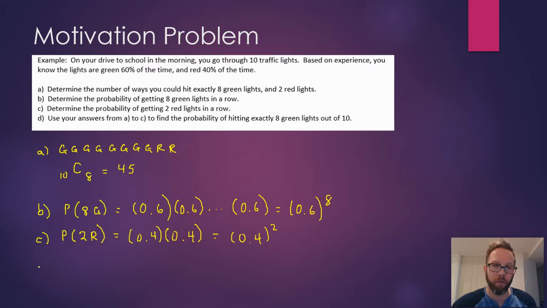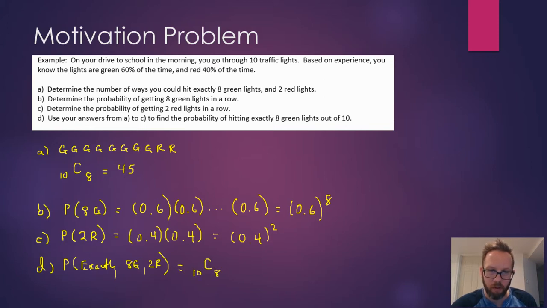So for part D, to put it all together, the probability of getting exactly 8 green and 2 red is this. We have 10 choose 8 ways to choose which ones are green. 0.6 to the power of 8 gives you the probability of getting 8 green lights, and 0.4 to the power of 2 gives you the probability of getting 2 reds.